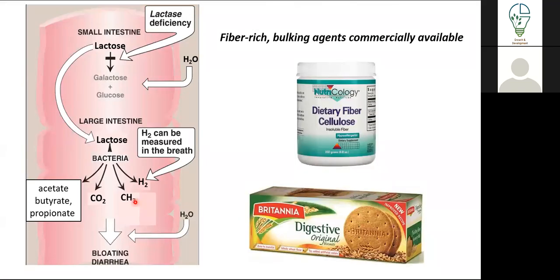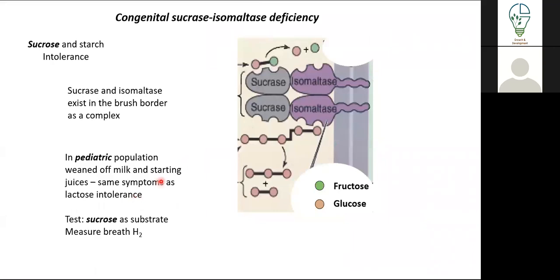I think this is the last point about the carbohydrates, which is the congenital sucrase isomaltase deficiency. So we said this is one enzyme that does two jobs. Sucrase will break sucrose into glucose and fructose. Isomaltase will break the limit dextrin of the amylopectin, right? The alpha 1,6 in every limit dextrin.